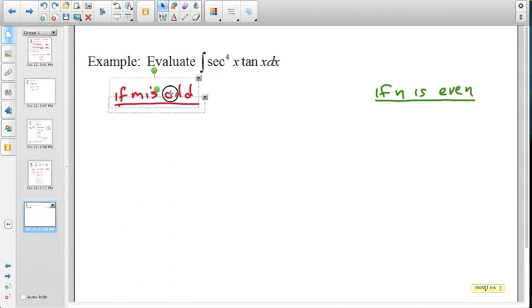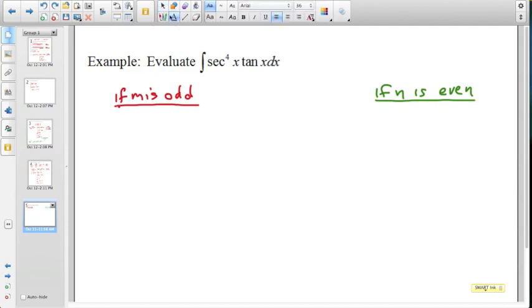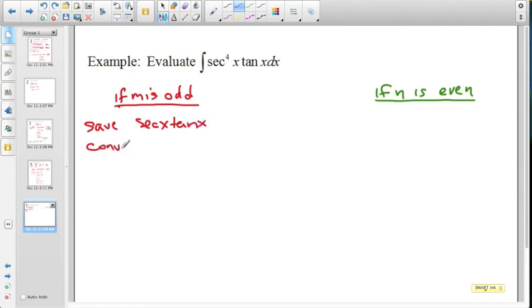So let me get this set up here. If m is odd, then we're going to save a secant tangent. So we're going to go ahead and save a secant x tan x, and then we convert the rest to secant.